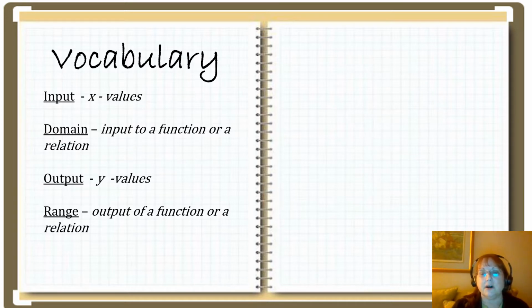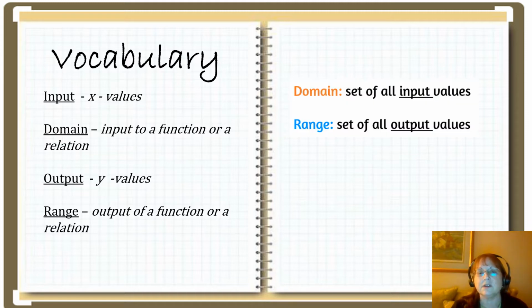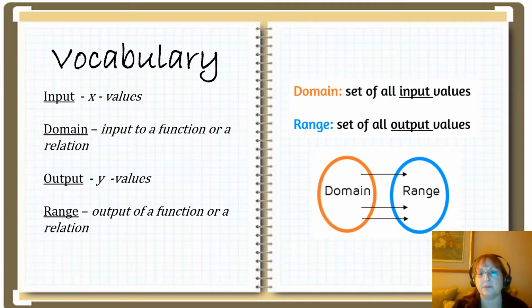So often when we look at functions, we refer to the domain of the function and the range of the function. The domain, again, is the set of all input values. The range is the set of all output values. And as you can see here, the domain is on the left, the range is on the right. Each element in a domain is mapped to an element in the range.